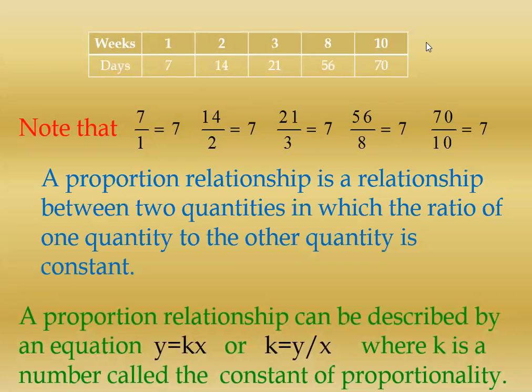So if we look up, we can find that the constant of proportionality in this question is what? Note, my dear students, that we have 7 and 7 and 7, 7, 7, which means the constant of proportionality here is 7.